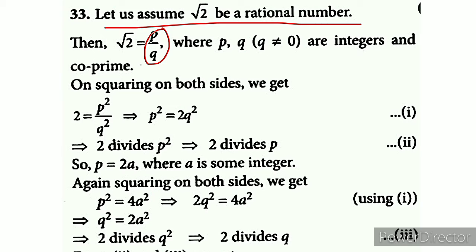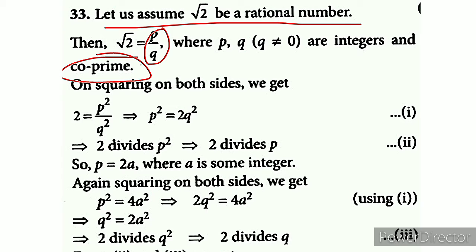And another condition for square root 2 to be a rational number is that the numbers p and q both must be coprimes. It means p and q should not have any common factors among them.